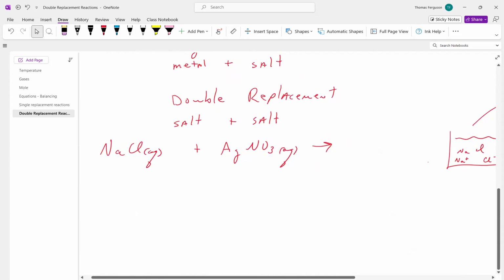So the way we're going to do that is we're going to bring the silver and the chloride together as a solid, plus the sodium nitrate as aqueous.